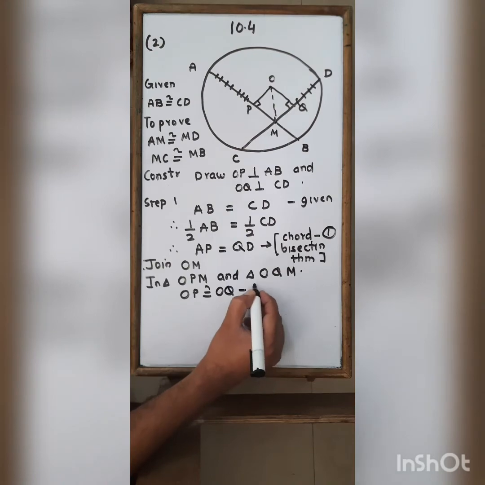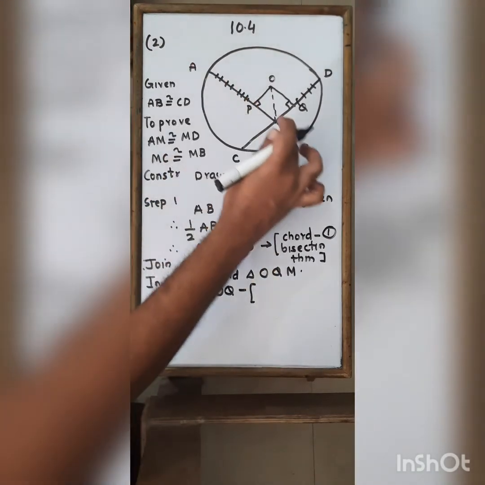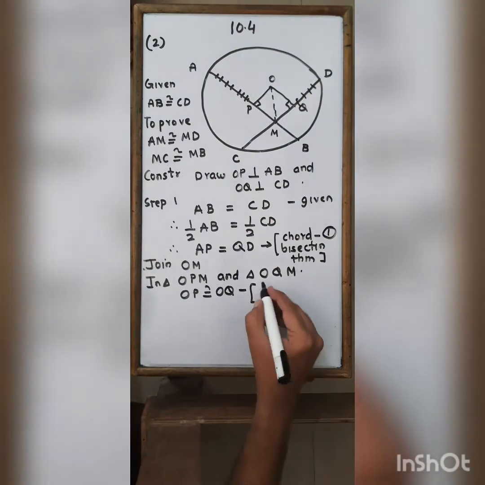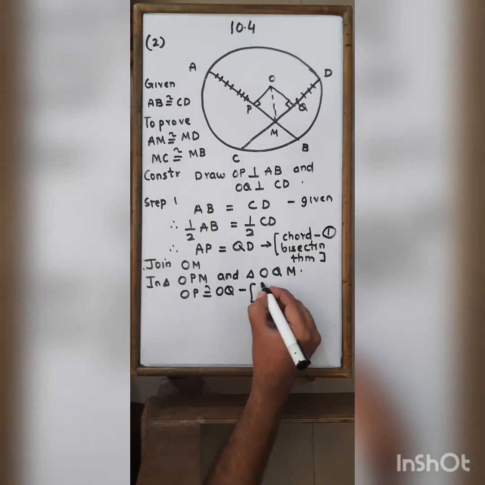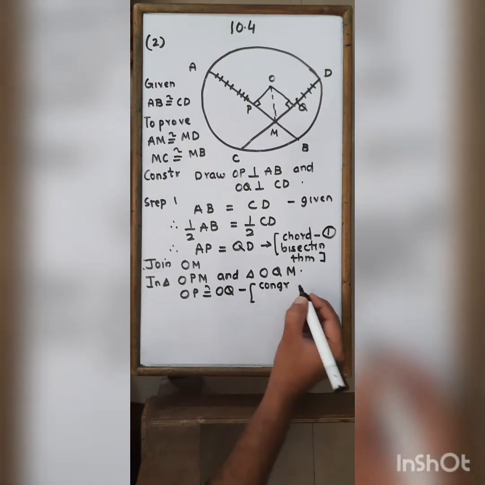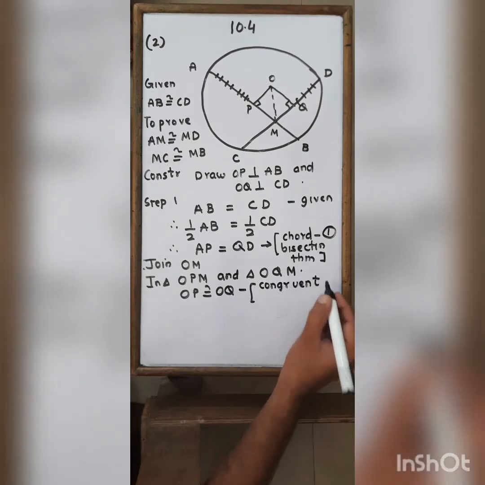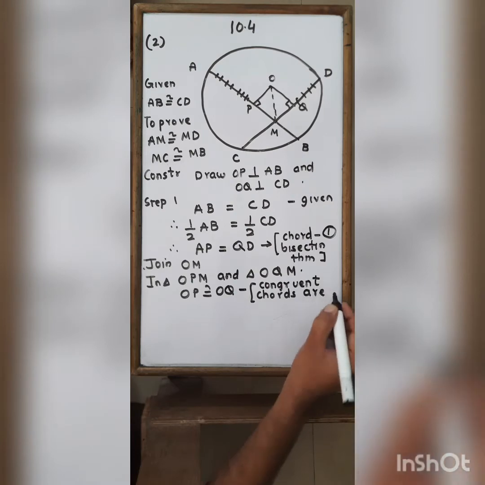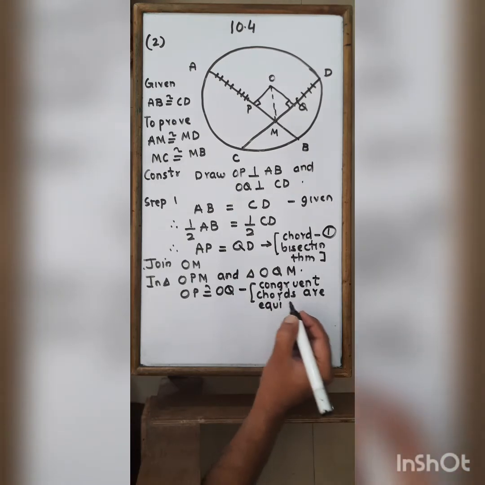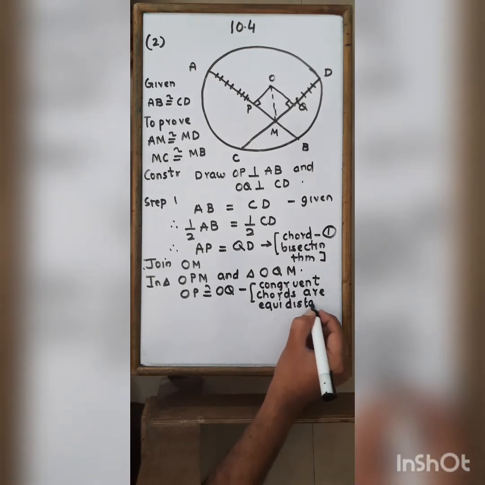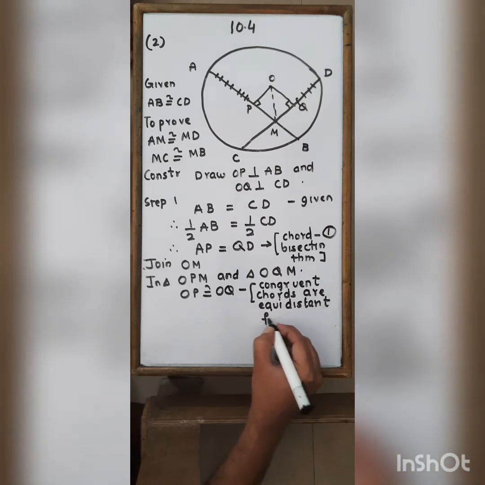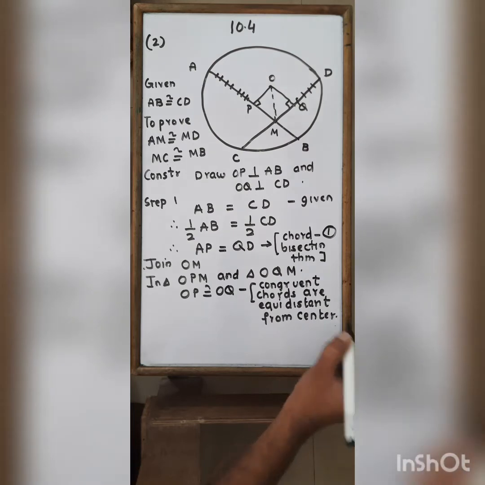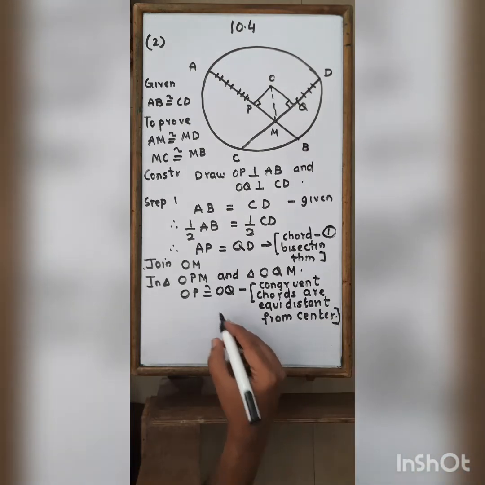Why? We had studied the property: if two chords are equal, then their distance from the center is equal. So what you will write? Congruent chords are equidistant from center. Easy.